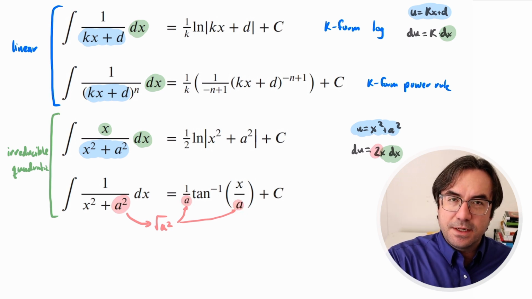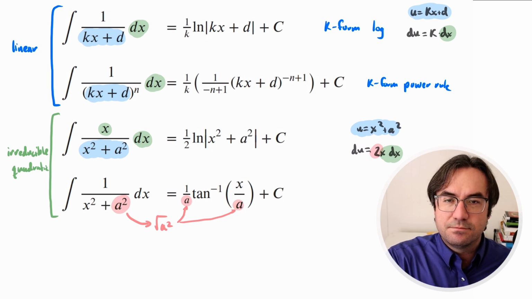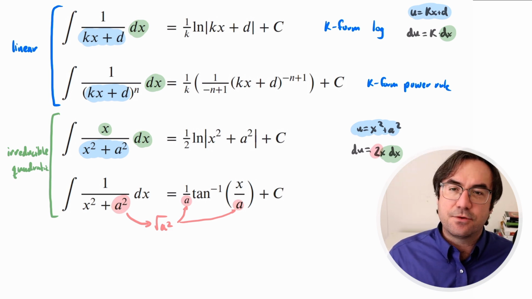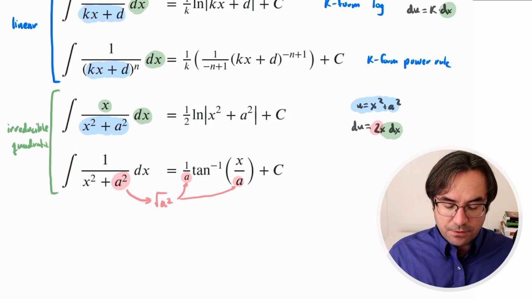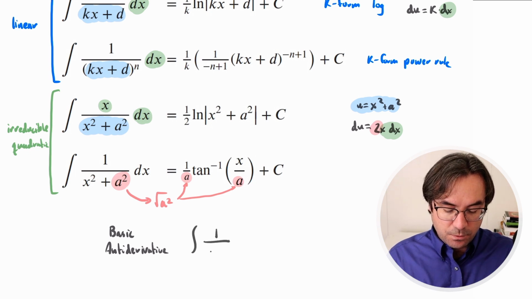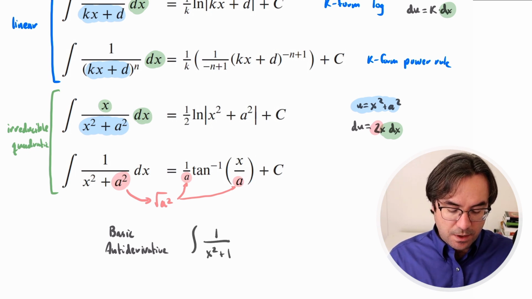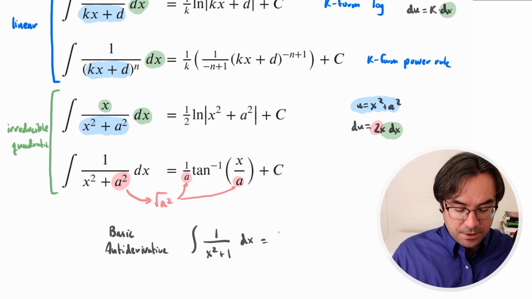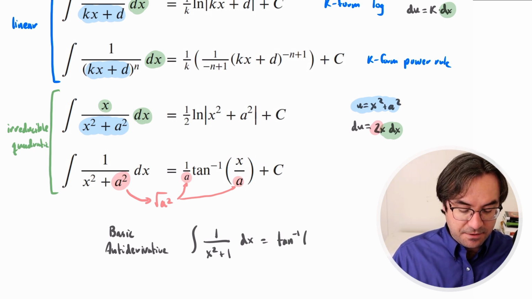Now this one might seem like, where does this come from? We've actually seen this before. This is one of our basic antiderivatives. We're just generalizing it a little bit further. If we recall, there's a special case that we'd seen, where 1 over x squared plus 1 is just inverse tan of x.